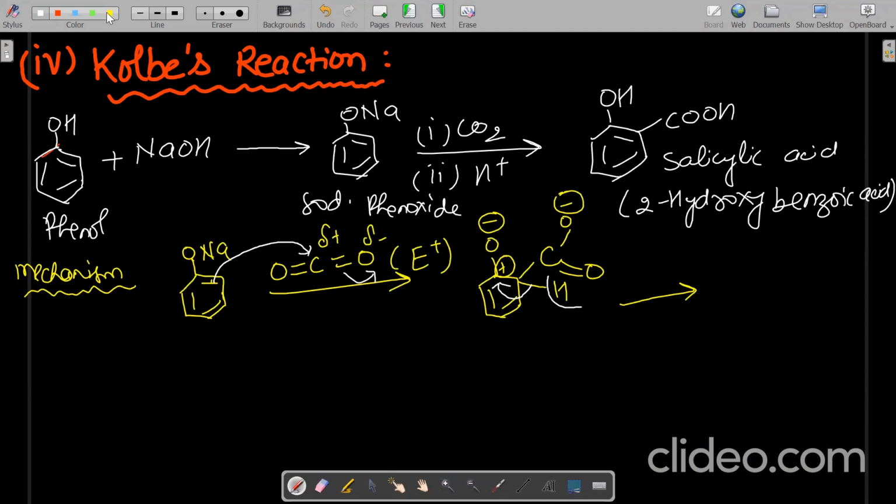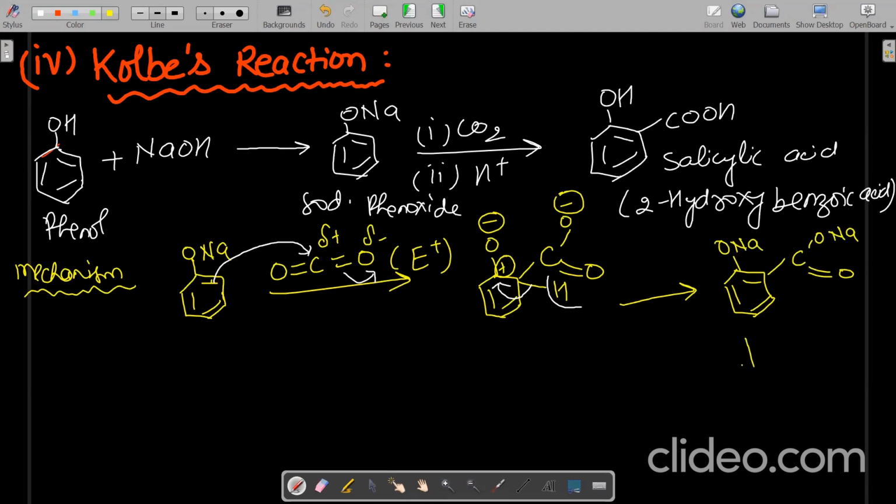So the formation of product is like this: ONa and CONa double bond O. We can write minus also. Minus means it is a sodium salt. So either I can write minus or ONa.